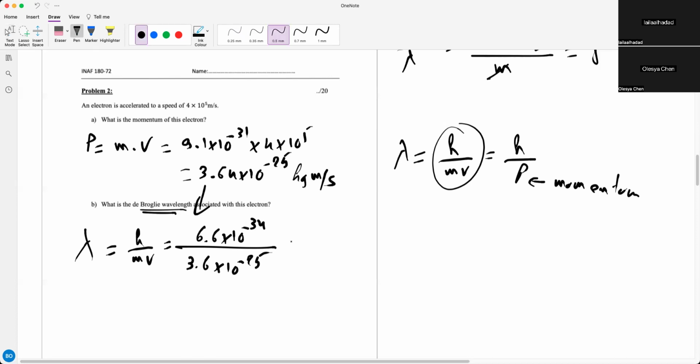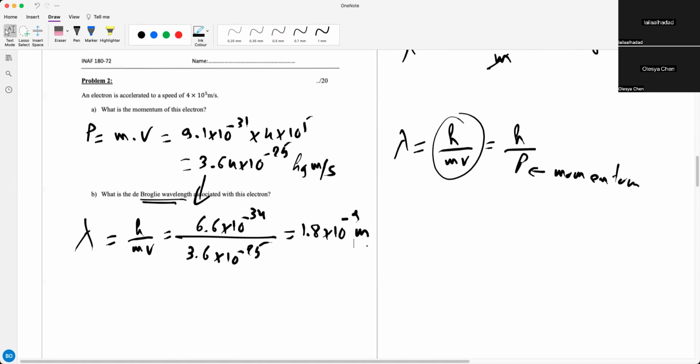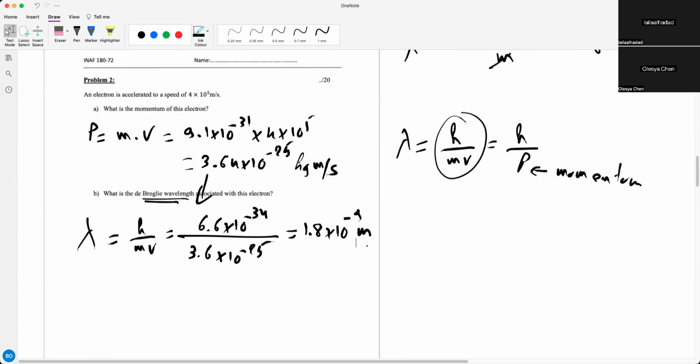So it will be 1.8 10 to the minus 9 meters. This is the wavelength. Any question? This is an easy question. Is this clear for everyone?